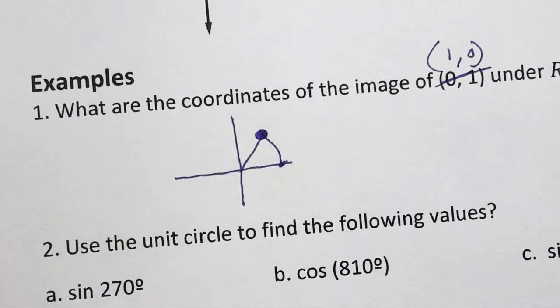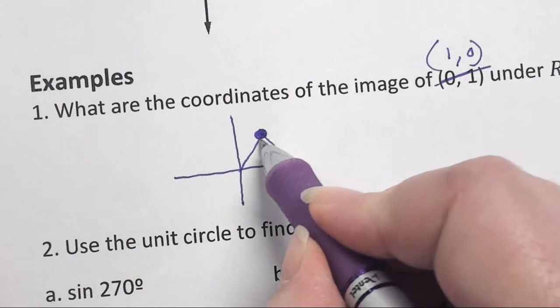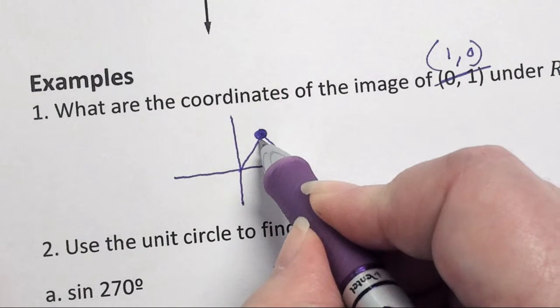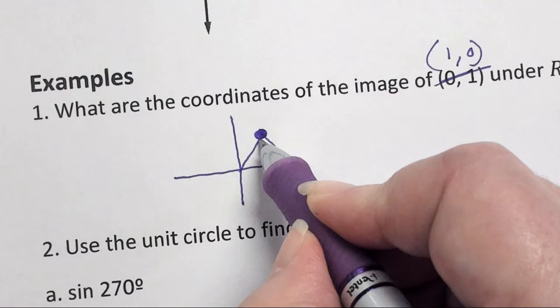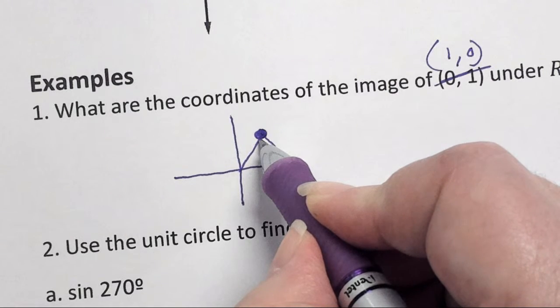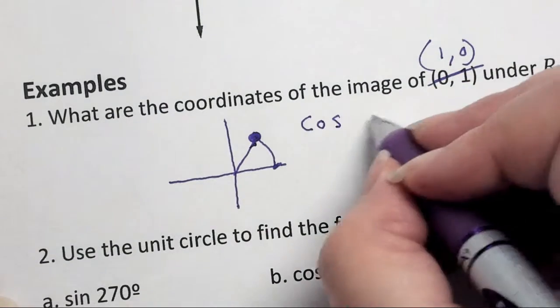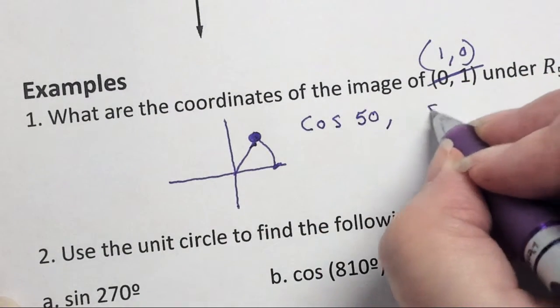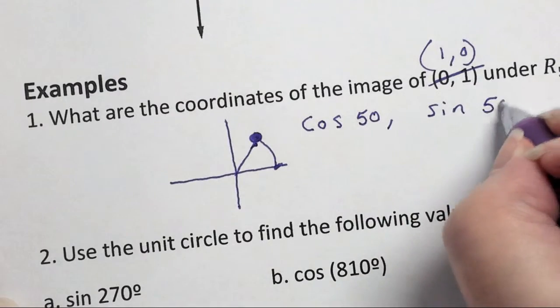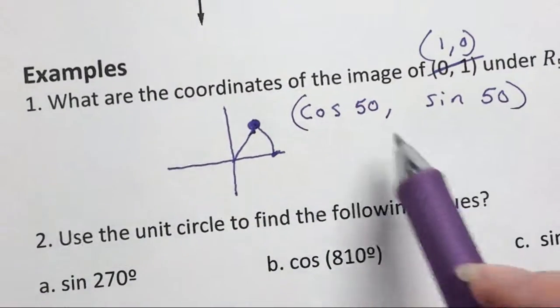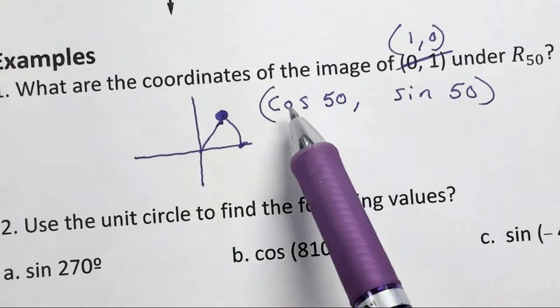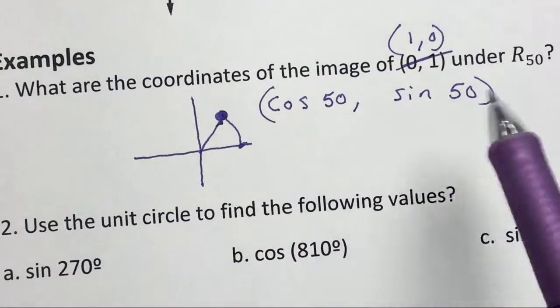So your x coordinate is what value? Is it sine or cosine? It's cosine. So we're going to find the cosine of 50, sine of 50.